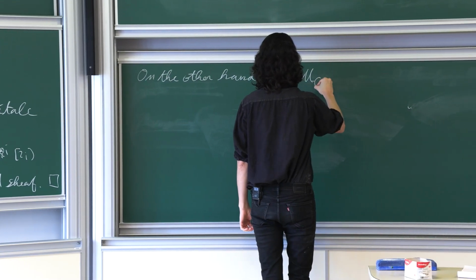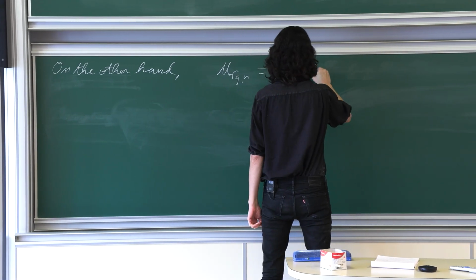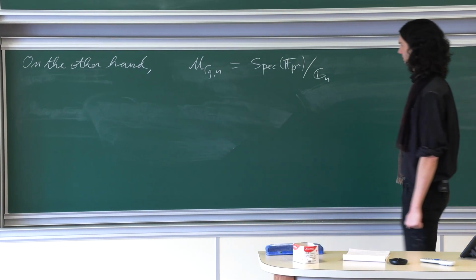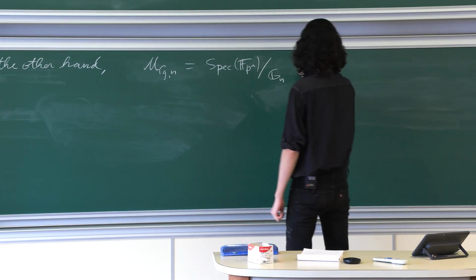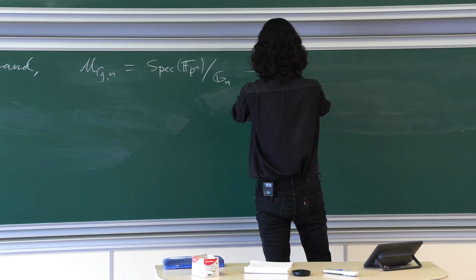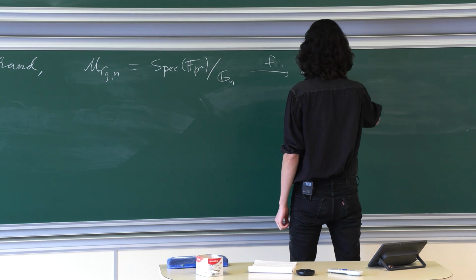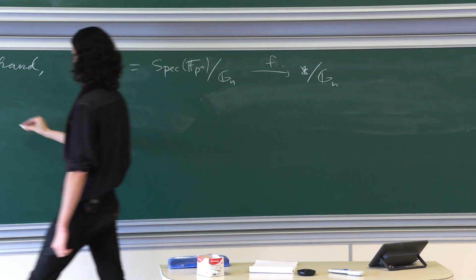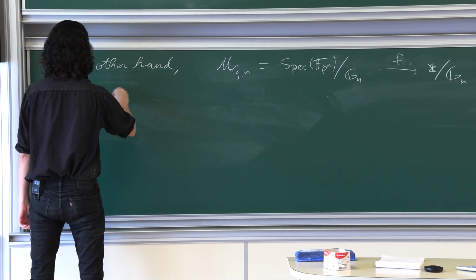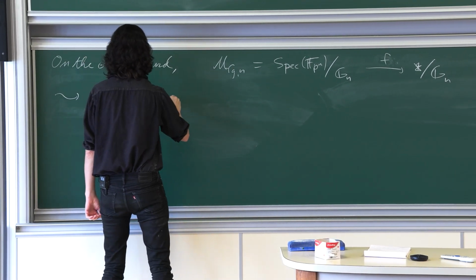Recall that this moduli stack of formal groups is just a quotient. There's basically only one formal group, the Honda formal group. It's this quotient here. So we can map it, say by f, to the point mod G_n. Then taking pushforward gives a pro-étale sheaf.